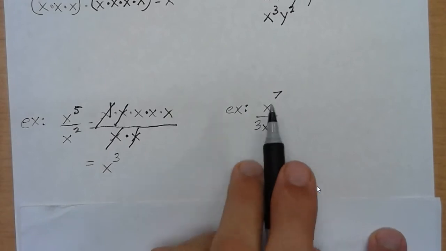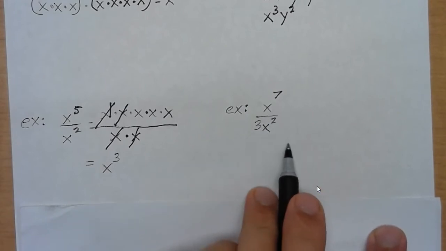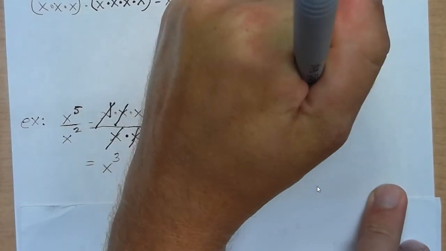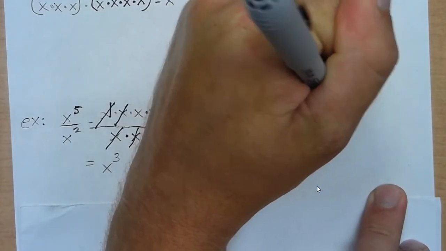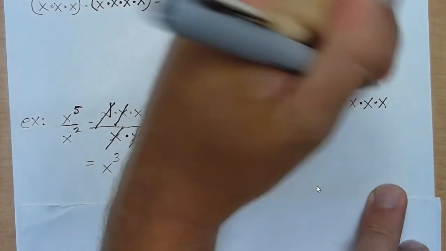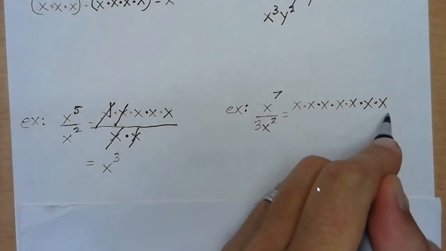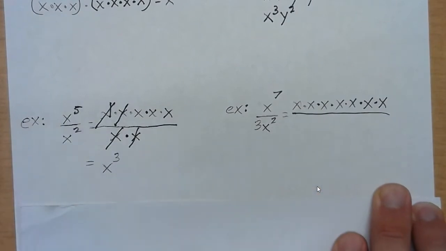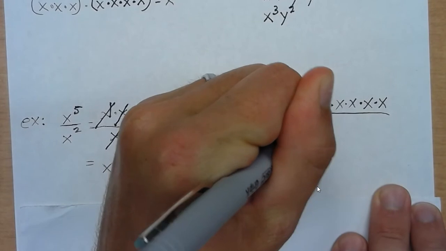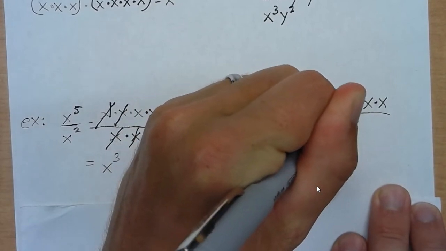Next, x to the 7th power divided by 3x squared. We have x multiplied by itself 7 times here. And then 3x squared is 3 times x squared, so that's by 2 x's.